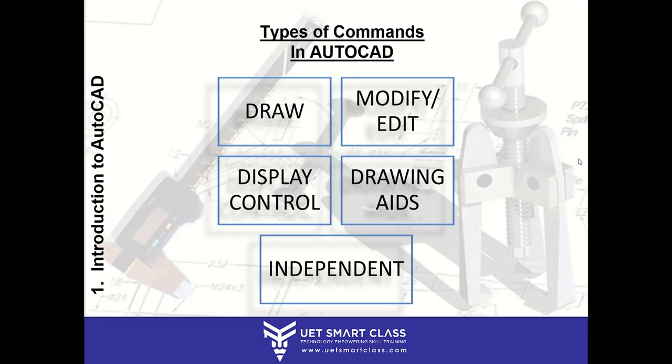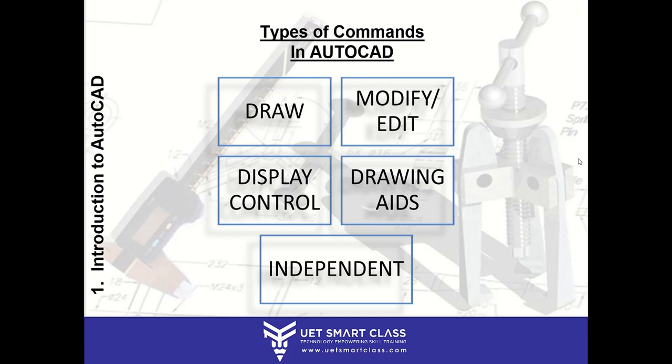Alright. Now there is another category called display control. The display control category is basically known as display commands, but I am writing it as display control. Why? Because in simple words, it's easy to remember that these display commands help me in controlling my view of the drawing. We will be covering some display commands today.